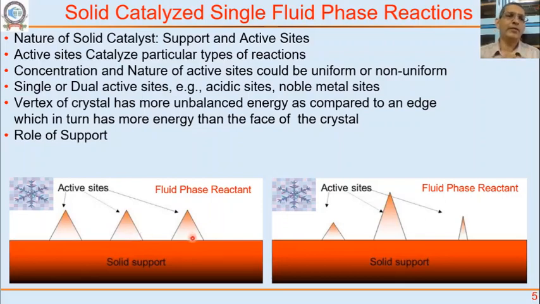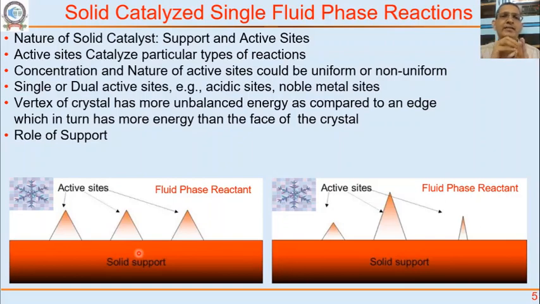For example, if it's a hydrogenation reaction catalyzed by palladium on carbon or platinum on carbon, this carbon is merely acting as a solid support, and clusters of platinum metal are at various locations on the catalyst surface, and these clusters of platinum metal act as active sites.